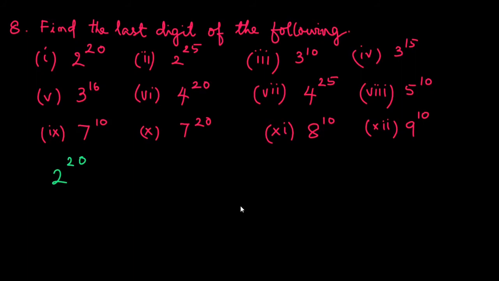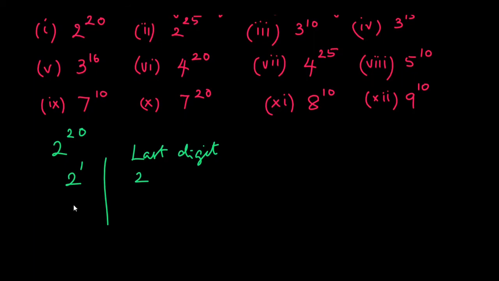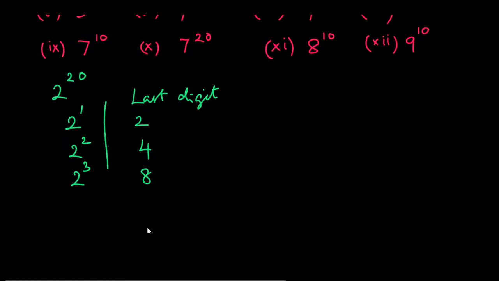So let us look at various powers of 2. 2 power 1 is 2, so the last digit is 2. 2 power 2, the last digit is 4. 2 power 3, we get 8, so the last digit is 8. 2 power 4, 8 into 2, 16. So the last digit is 6.